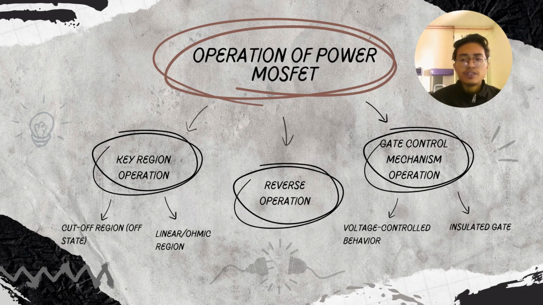For the summary of basic operation, a power MOSFET operates by controlling current flow between the drain and source through the gate voltage. It acts as a fast, efficient switch or variable resistor in various applications, offering high efficiency and precise control in power electronic circuits.